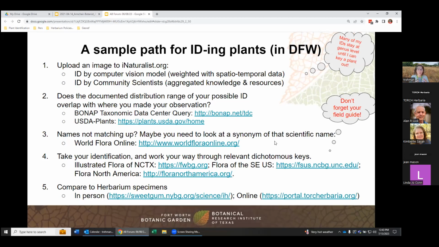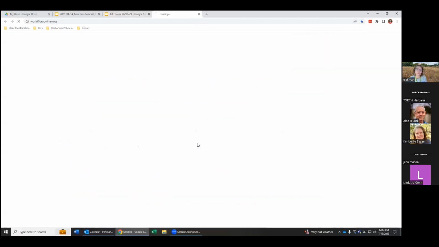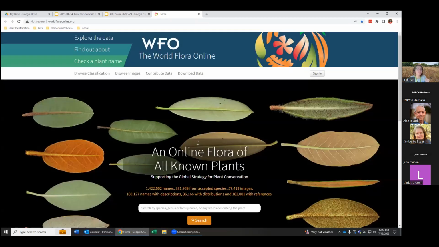One of the reasons that may be the case is that you're dealing with an issue of synonymy. A particular plant is given a scientific name, which may change over time as the botanists working on that group achieve a better understanding of what that species is, what it is relative to others, and how it's related to other things. Y'all will remember that species are grouped into genera, or a genus.